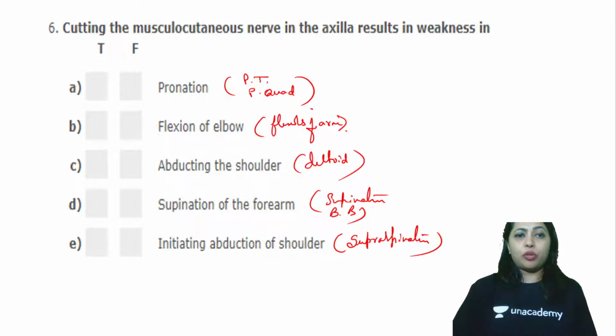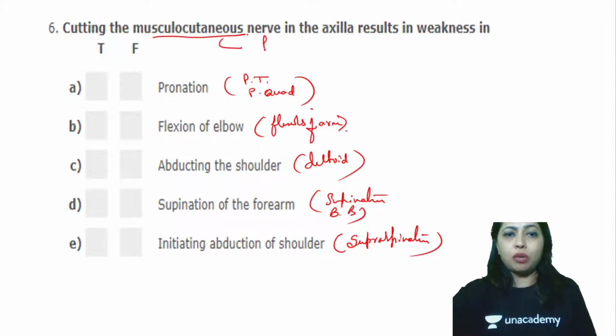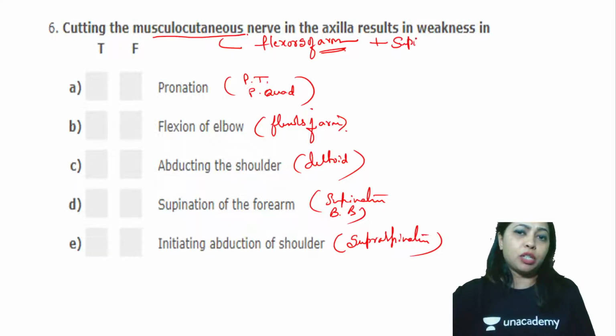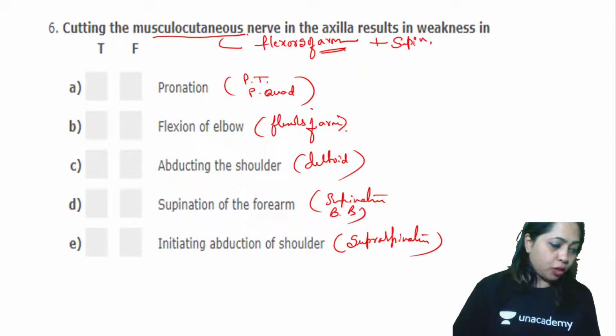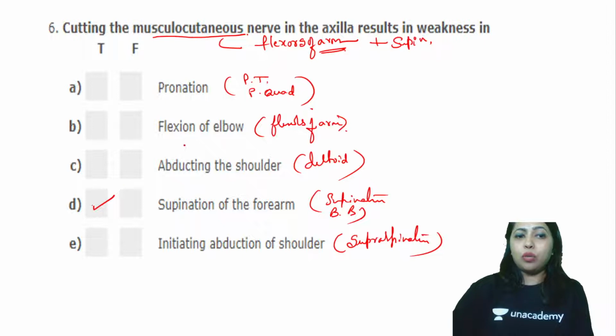Now, cutting the musculocutaneous nerve in the axilla results in weakness because musculocutaneous supplies the flexors of the arm. We have to remember that. Plus, it also helps in supination, so that also could be affected. So, one is true: supination of the forearm is affected, and also flexion of the elbow is affected, but that is done by flexors of the arm.